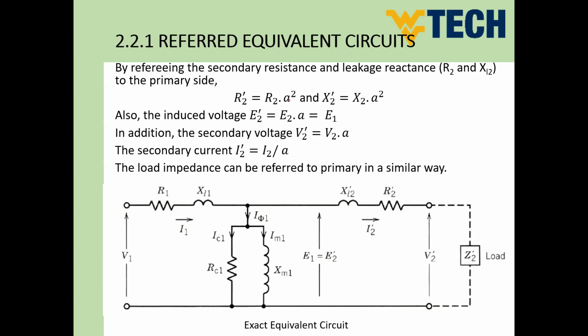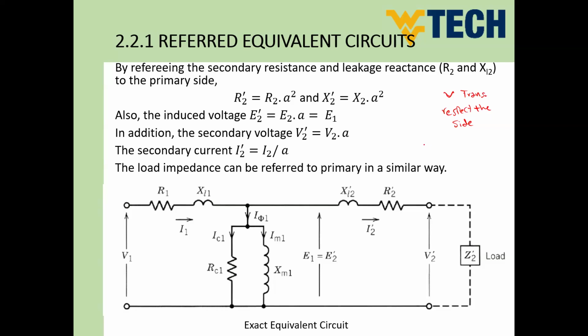We mentioned before, guys, the voltage transfer, let me write that, respects the side that it will be transferred to, which means I'm moving now from the secondary side to the primary side.